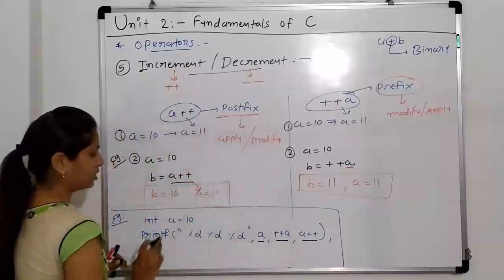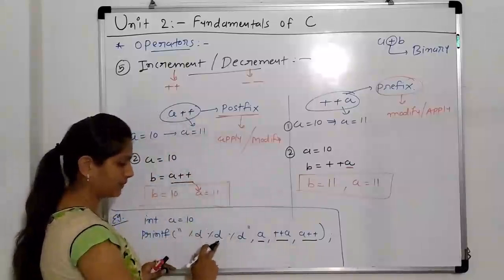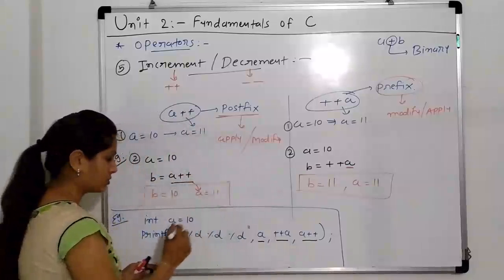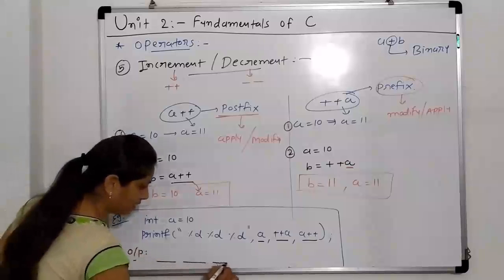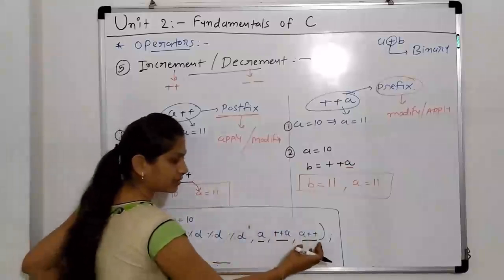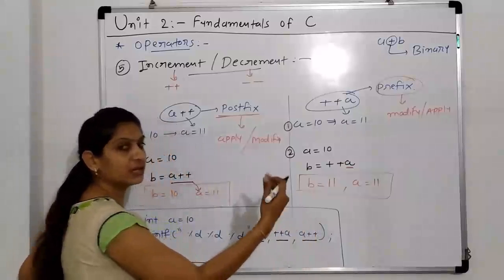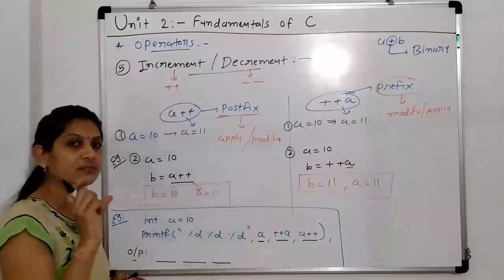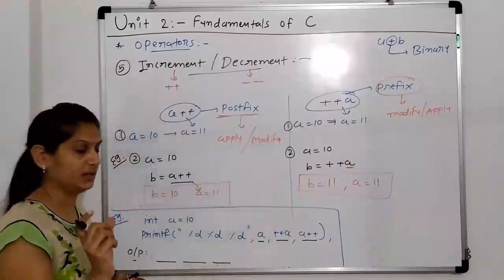The output is 3 integer values, first, second and third, but we have to start with the third first. Clear? Why? That is discussed in our next videos, in the theory of operator precedence and associativity.